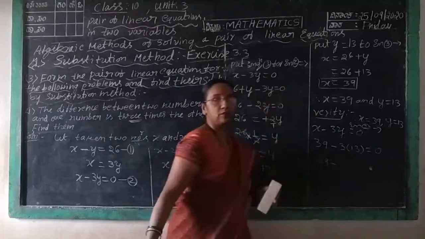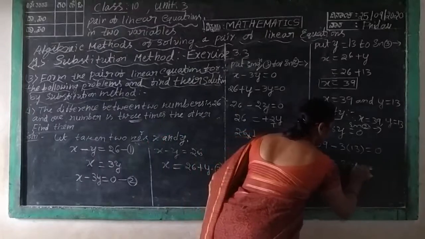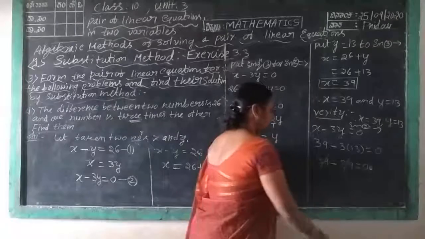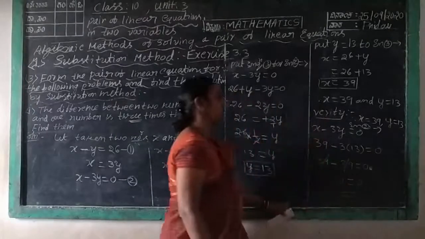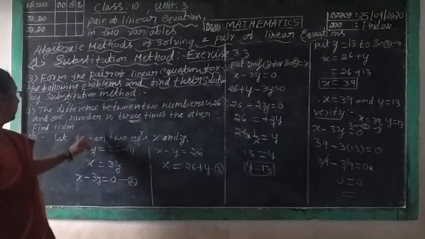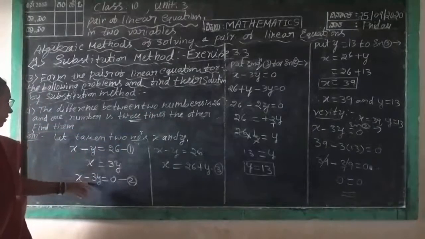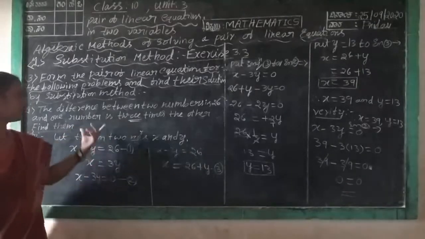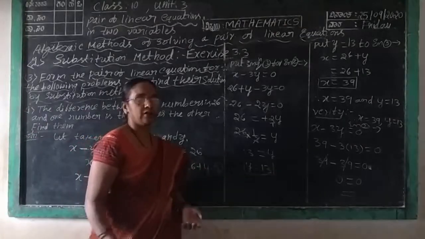Then 13 into 3 we multiply, that becomes 39. Plus 39 and minus 39 cancel, that will become 0. Then your answer is correct. The difference between the two numbers is 26, and one number is 3 times the other. In this problem we find the x value and y value and verify that the answer is right.